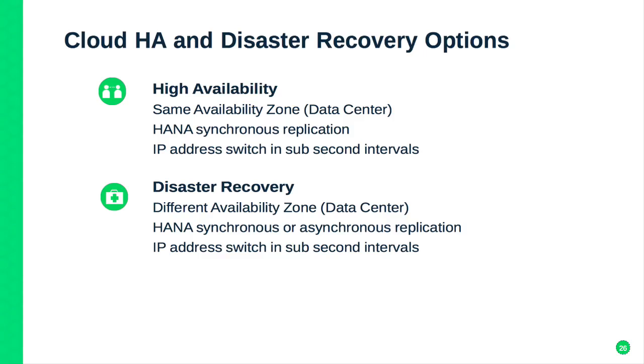Therefore, we basically recommend going for the disaster recovery option: install your systems in multiple availability zones, with your two HANA systems 10 to 50 kilometers apart. This is going to harden you against individual disasters. It'll harden you at least against a tactical nuclear strike.